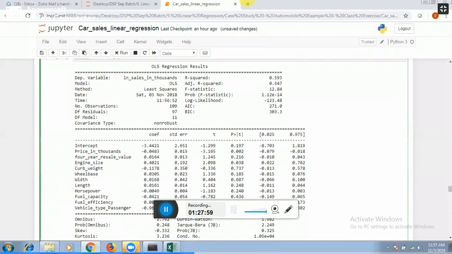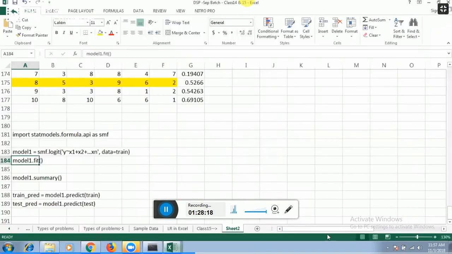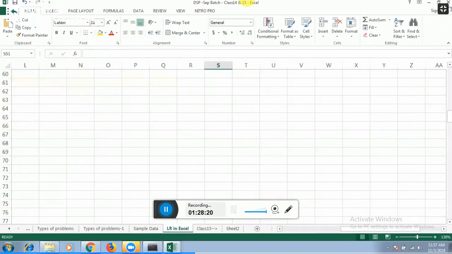Okay, I think last week I explained one small case. There I explained it in Excel. You remember or not? In the Excel I showed you the output, and I think the outputs I also have in my Excel. So you guys remember linear regression in Excel?